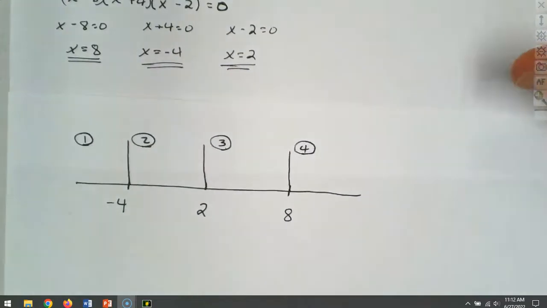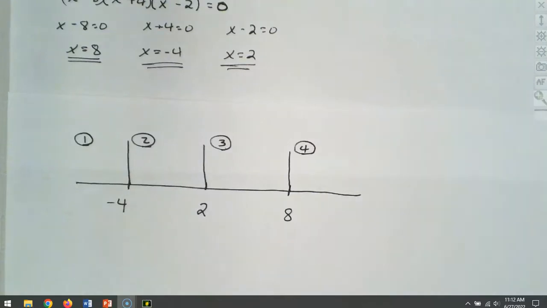And what we do is we need to see if the region as a whole is true or if that region is false. And we do that by picking a point and plugging it back into the original. So we pick a point that is clearly in each region, and then we check it in the original. And we see if it comes out to be a true statement or a false statement.